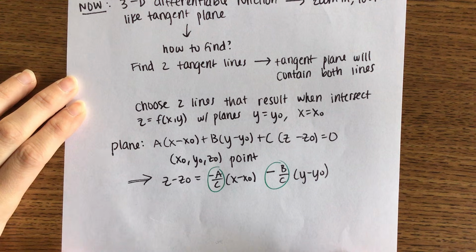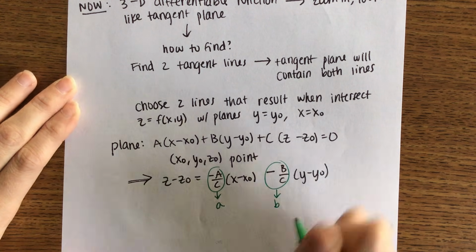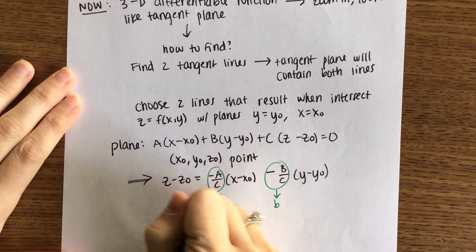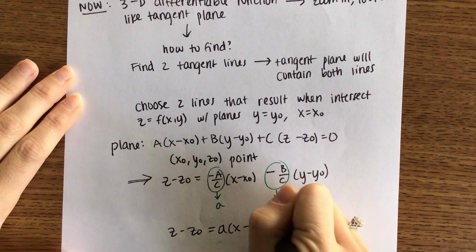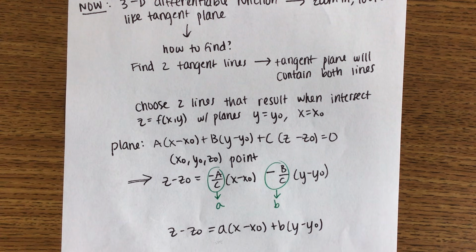B over C is some constant. So let's make it a little bit easier. I'm going to call this one little a and this one little b. So our general equation is z minus z naught equals a times x minus x naught plus b times y minus y naught. Now, that's the general equation of the plane that we're interested in.